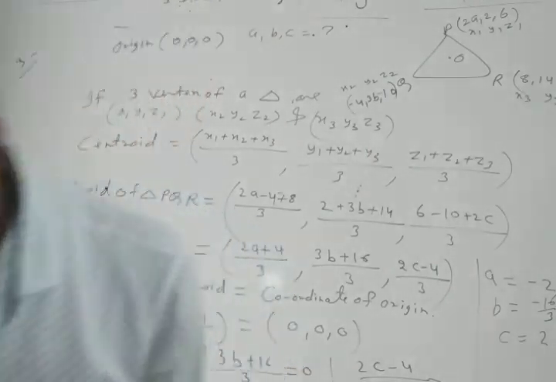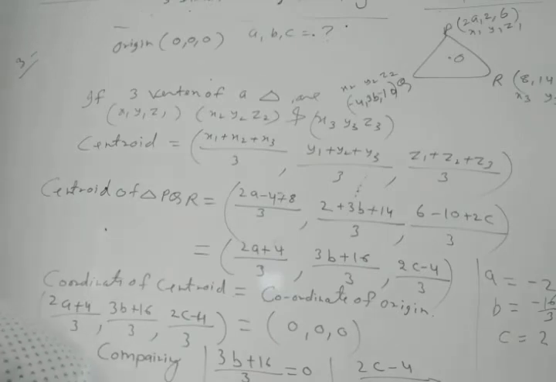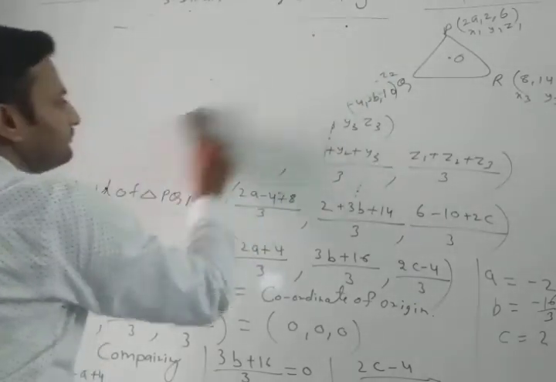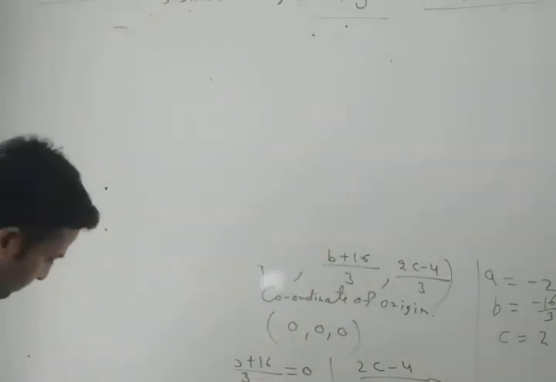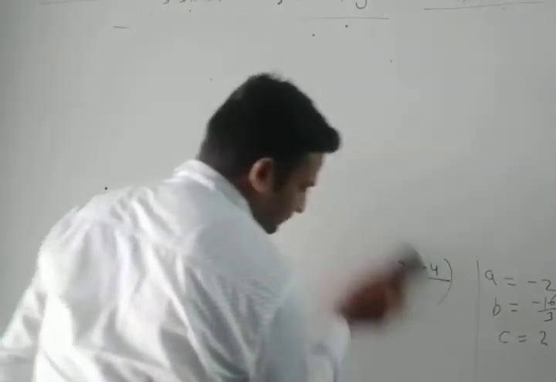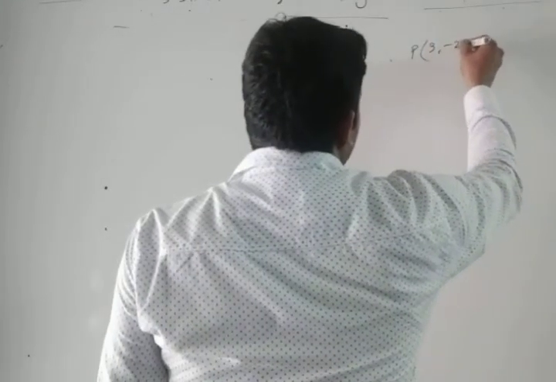Next question. Question number 4. Find the coordinate of a point on the y-axis which is at a distance of 5 root 2 from the point P. We are given a point P whose coordinate is (3, minus 2, 6).